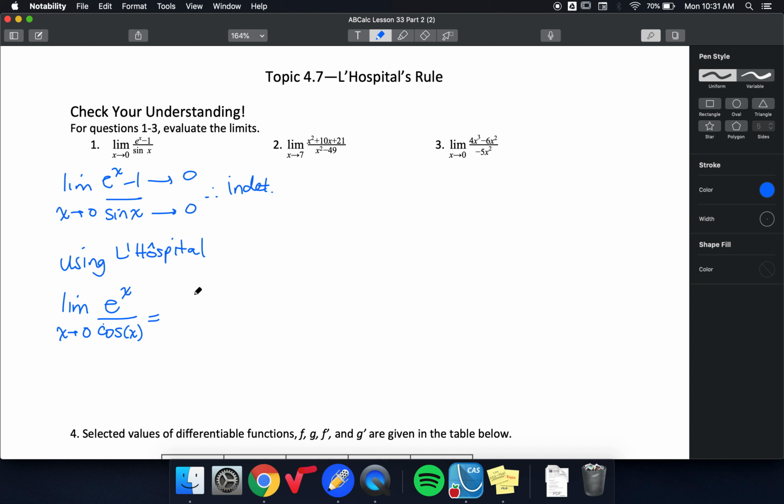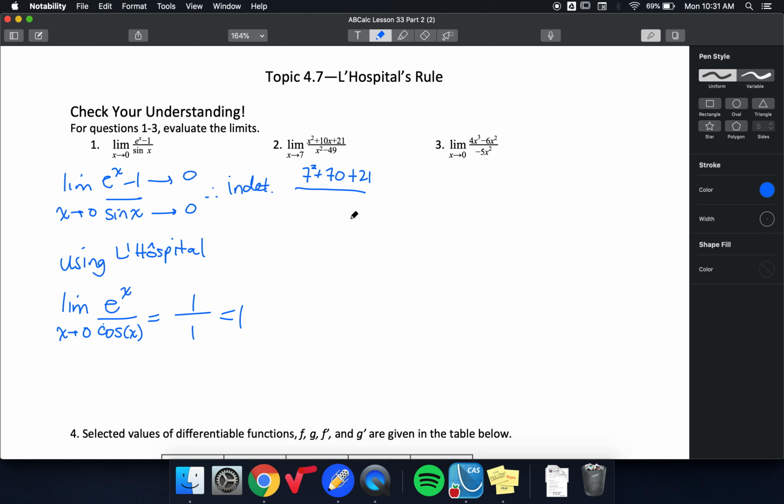Evaluating, e to the 0 is 1, cosine of 0 is 1, so I get that my overall limit is 1. If this is a calculator paper, I could look at my graph to see that this makes sense as well.